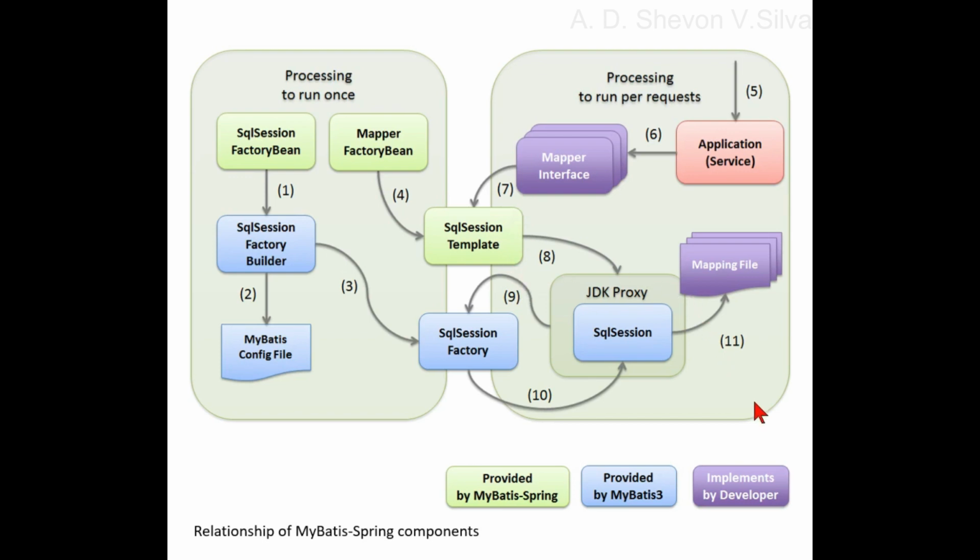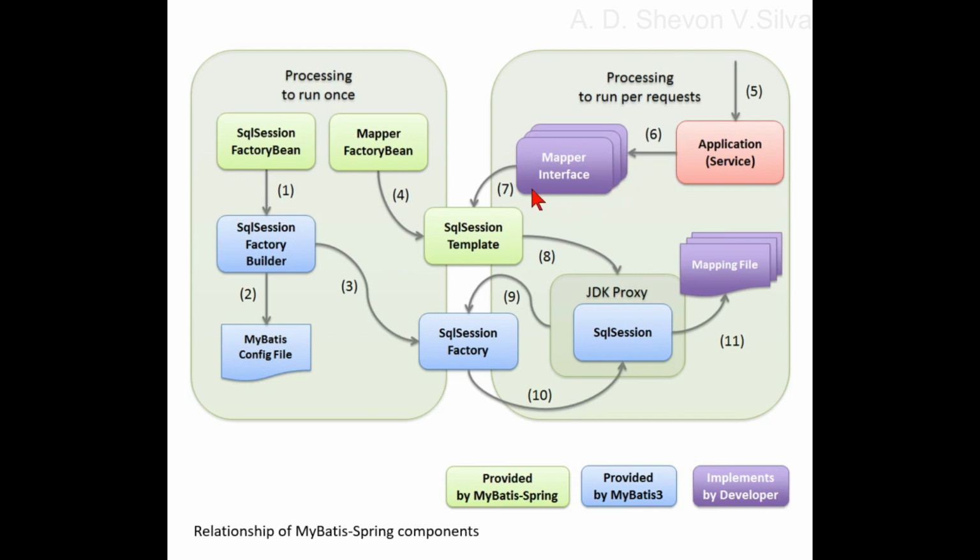Processes that are performed for each request from the client are executed by the following flow. Five, client requests a process for the application. Six, application service calls the method of the mapper object, the proxy object that implements the mapper interface injected by the DI container.